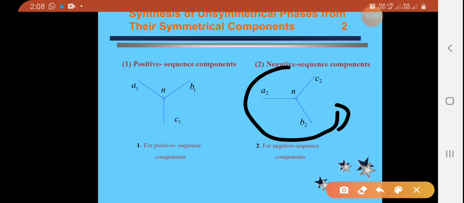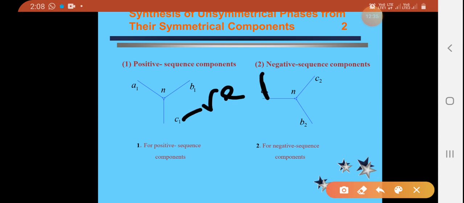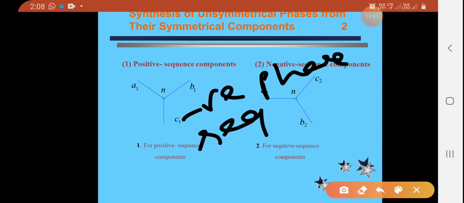Because of that, I am telling this kind of sequence is the negative phase sequence, negative sequence components.